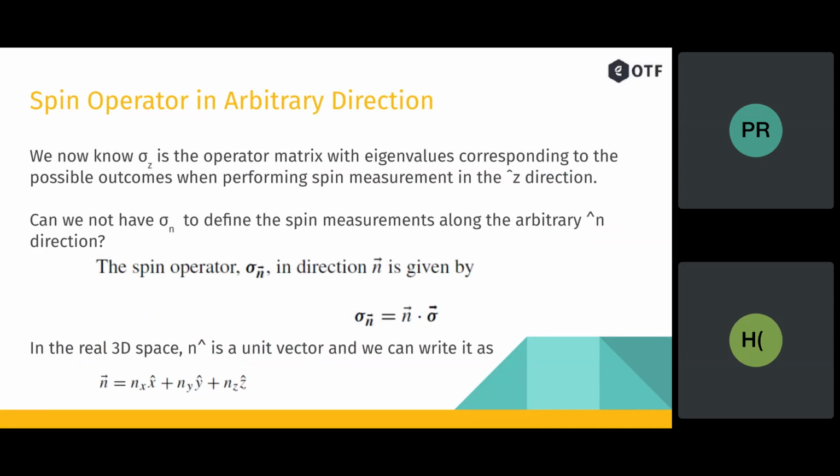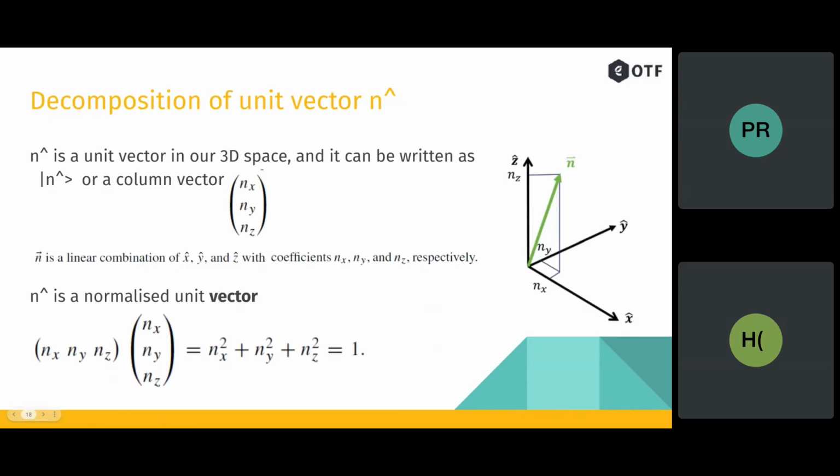Now with respect to normalization for n. Here the spin operator sigma is in the direction n. So we can think of sigma being in the n direction rather than z. We are representing the vector n from its components as a unit normalized one.